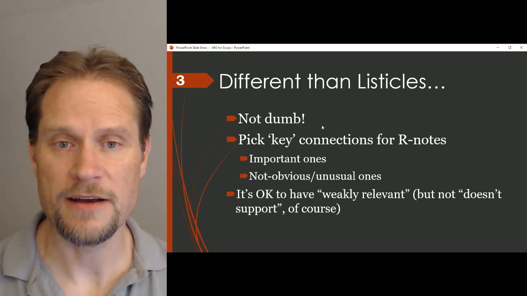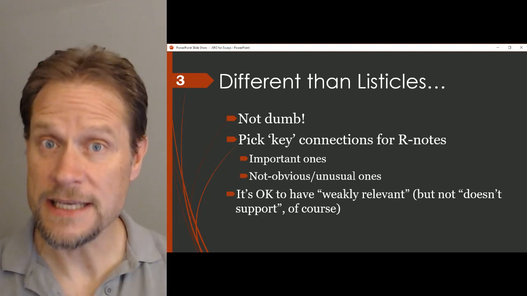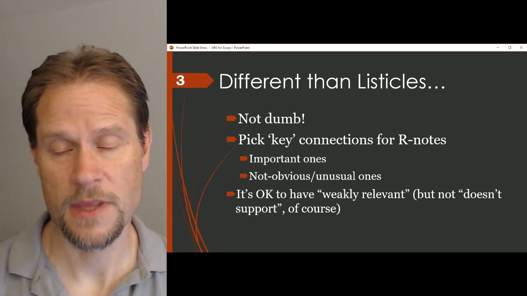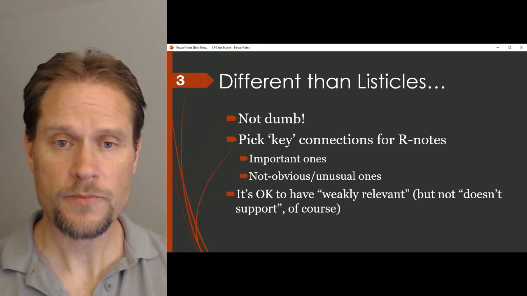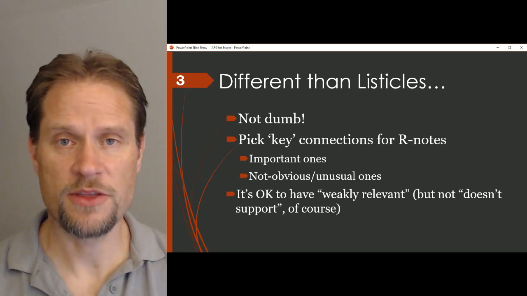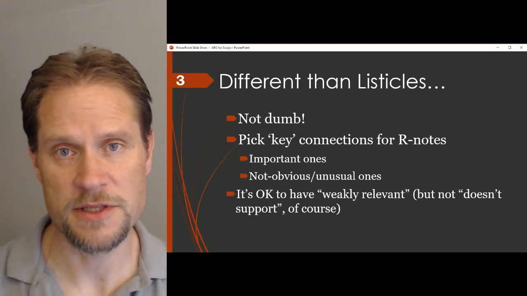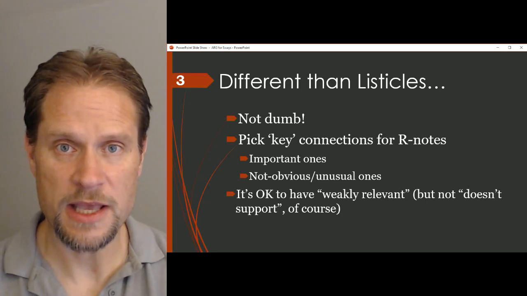Again, listicles are pretty dumb and straightforward. You might have some pretty straightforward and obvious links where it's easy to write an R note articulating that link and justifying it. I would encourage you, though, to not just pick the ones that seem easiest to write, one of those counterfactual if-then statements in the R note, but pick key connections, pick important connections.